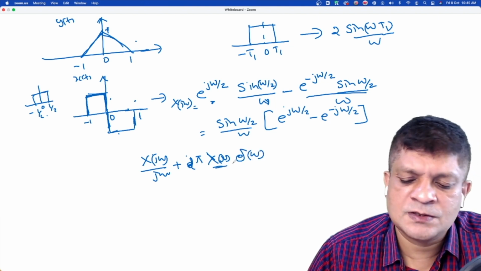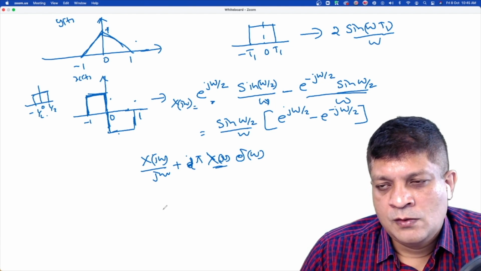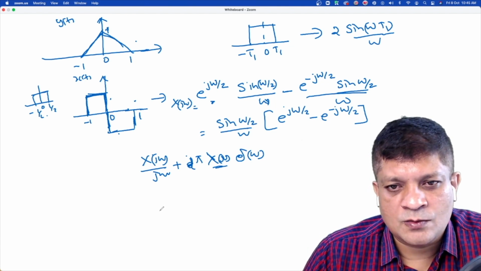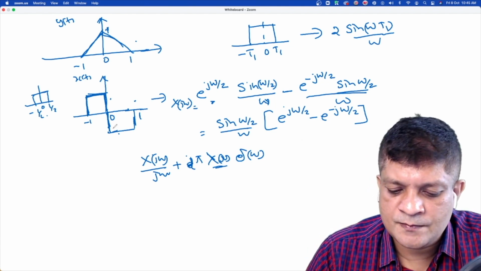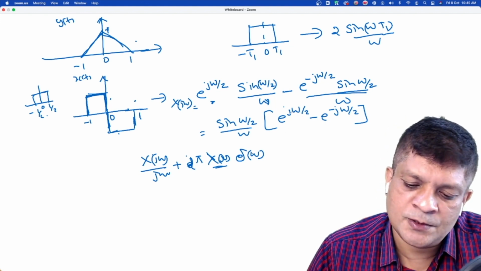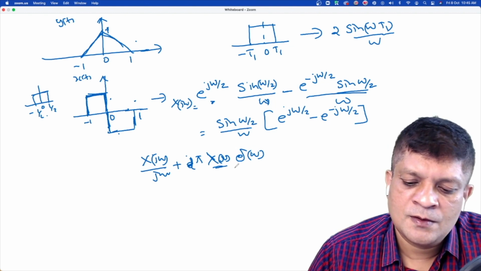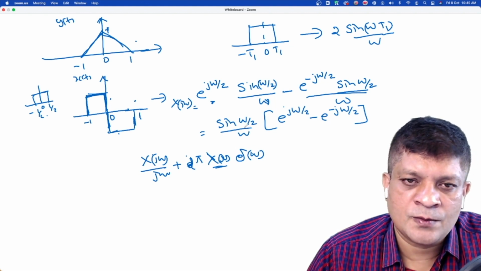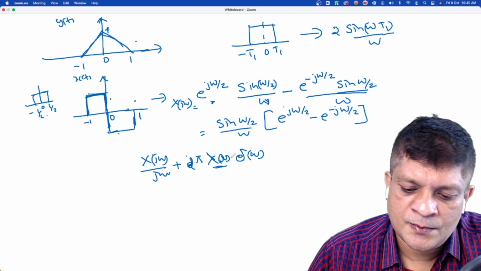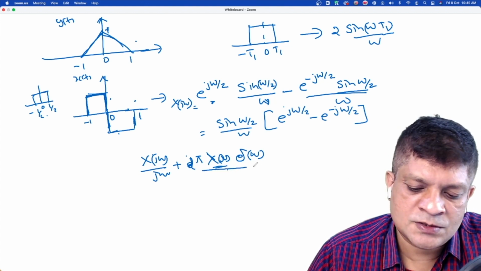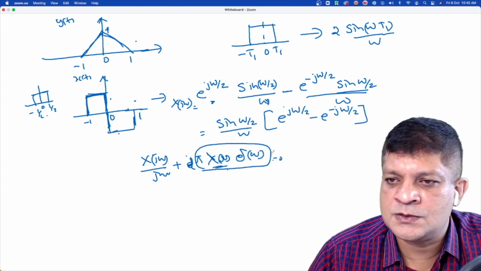What is X(j0)? X(j0) is 0 in this case because the area is 0. Otherwise, you put ω equal to 0 here and you have to find the limit. You will get that value, isn't it? That is 0. So this term is 0, isn't it? This term is 0.